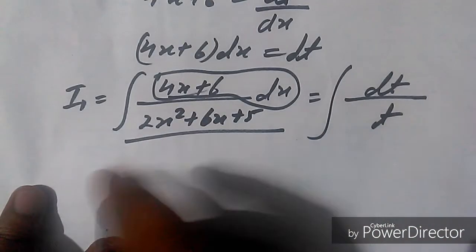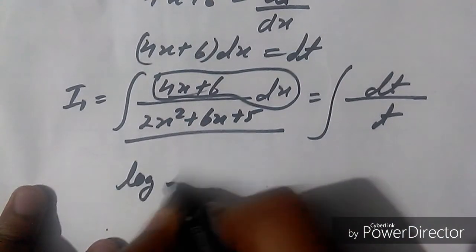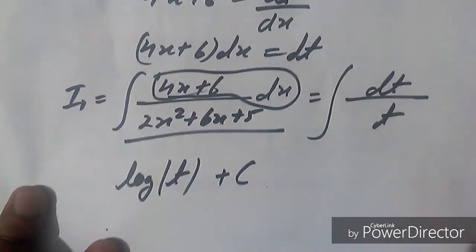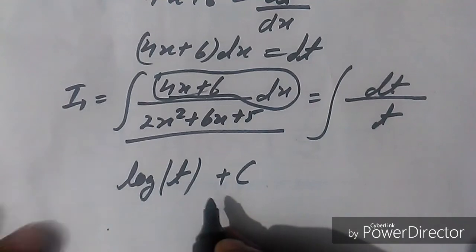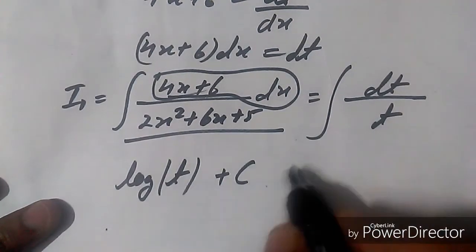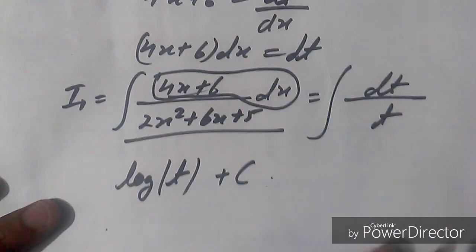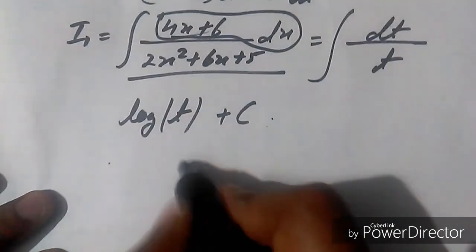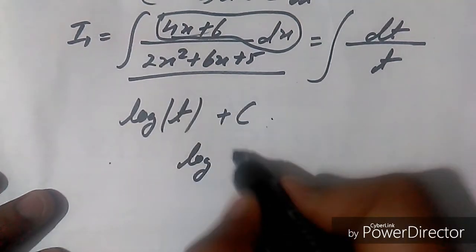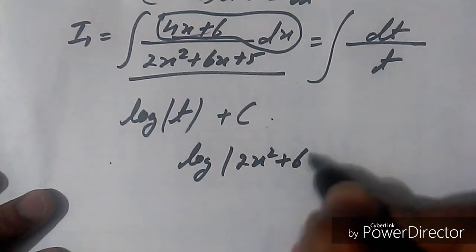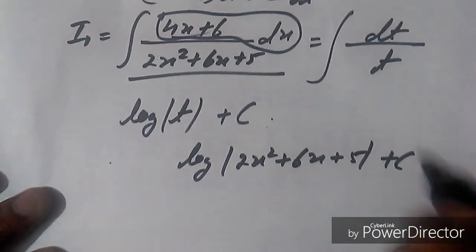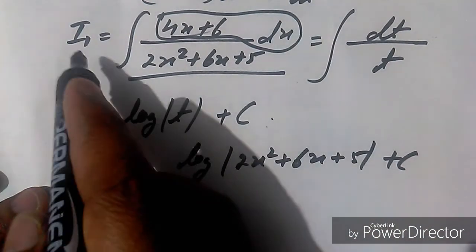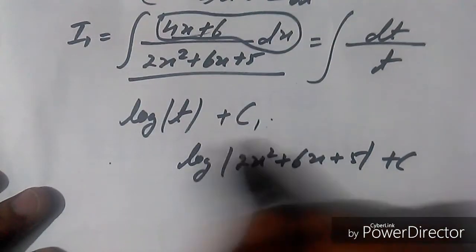The integration of dt by t is log t plus c. We put the value of t there, so log t is log of (2x square plus 6x plus 5) plus c. That is I1, and we put c is equal to c1.